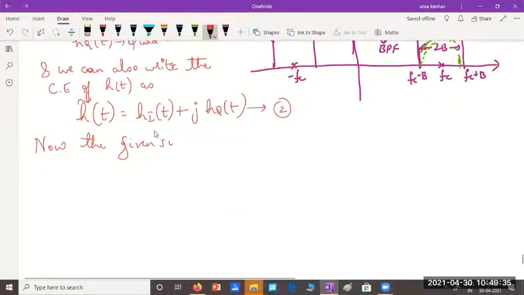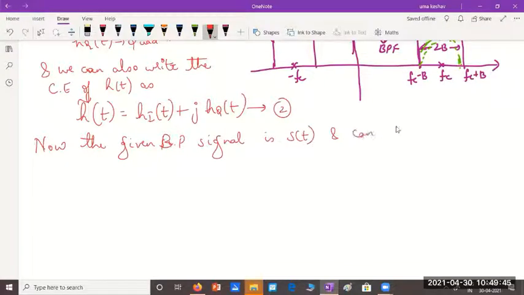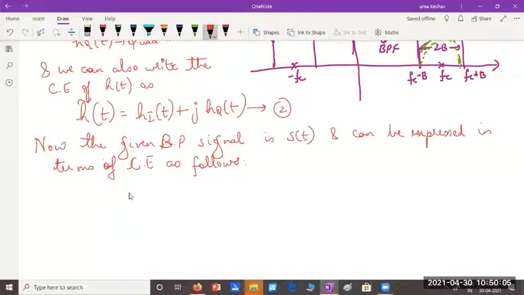The given bandpass signal is S of t and can be expressed in terms of its complex envelope as follows. Can somebody tell me how will I write S of t in terms of its complex envelope?